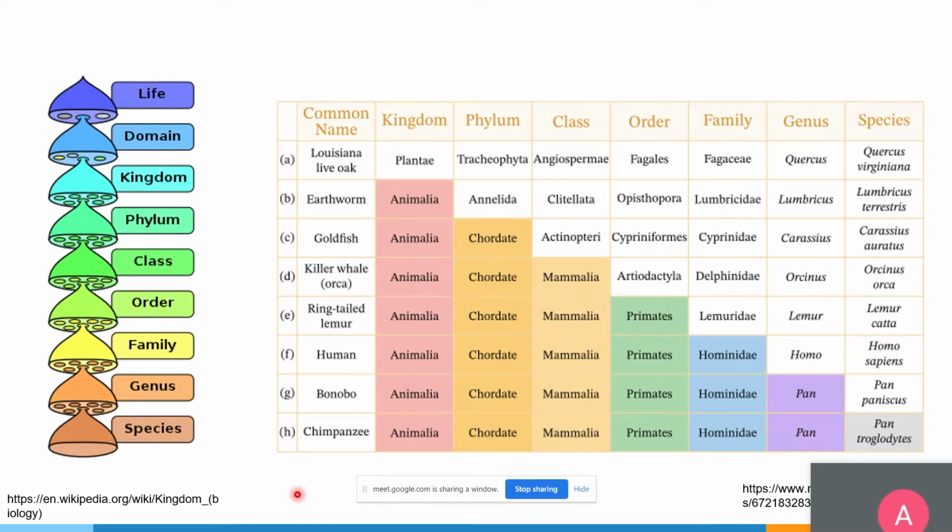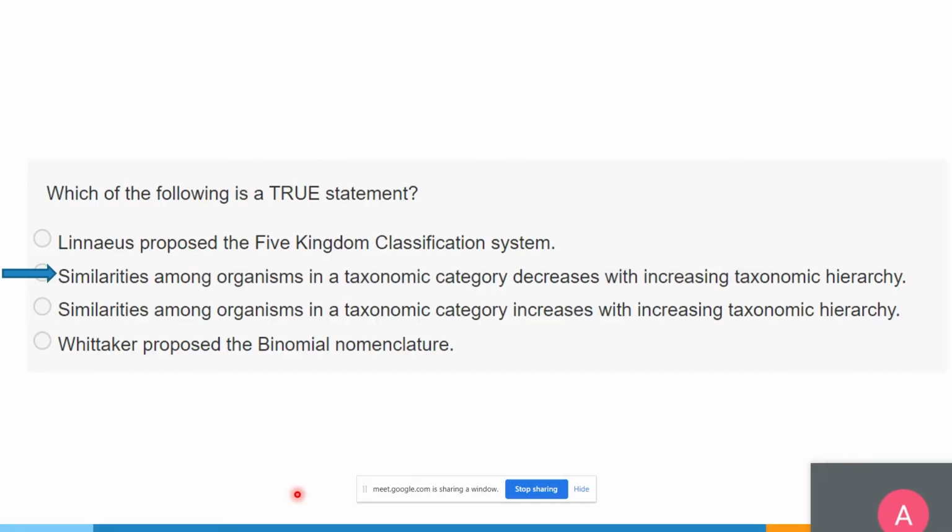And thus, if we move back to the question, it is obvious to say that the correct statement among the four options is that the similarities among organisms in a taxonomic category decrease with increasing taxonomic hierarchy.